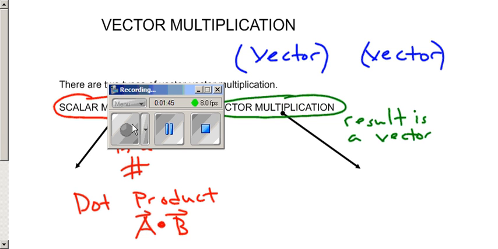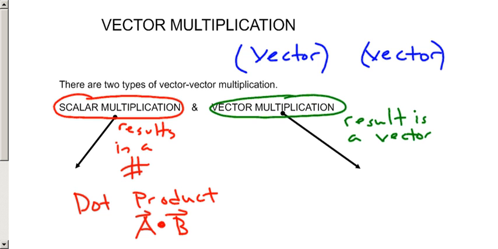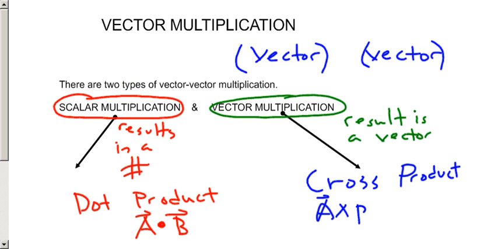All right, so we have the result being a vector, and what it's called first is a cross product. And the way that we write that is vector A cross, so like a big X, vector B. And again, the result there is a vector.